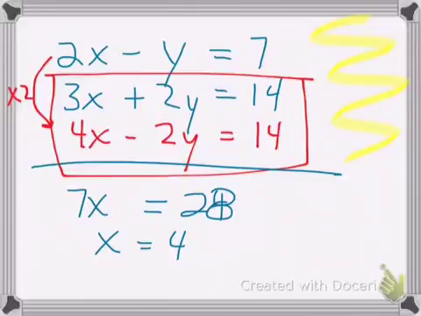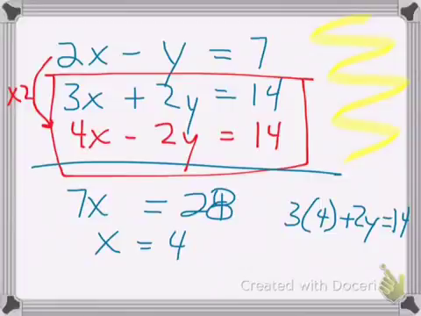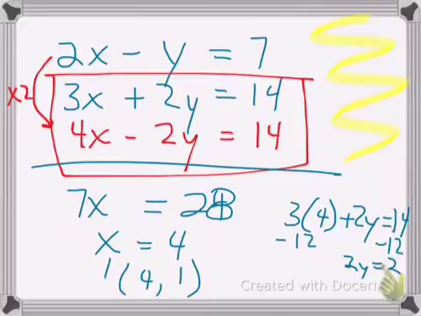Plug that into one of the original equations. Let's do the second one. 3 times x plus 2y equals 14. What's 3 times 4? Subtract 12 from both sides. 2y equals 2, which means y equals 1.